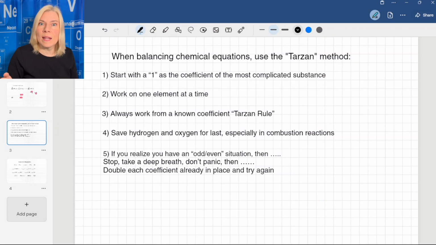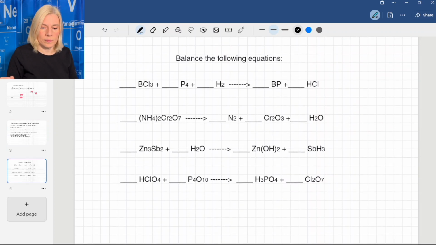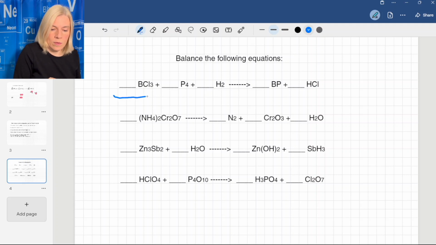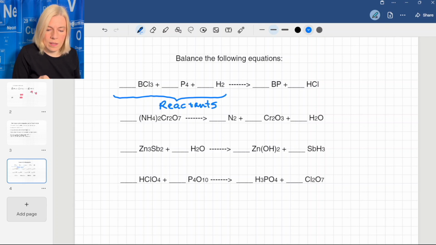Okay, let's balance some chemical equations. Let's go to the first one. Everything before the arrow is our reactants. Here are our reactants. And everything after the arrow is our products.